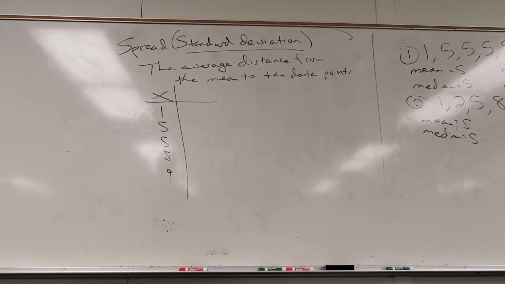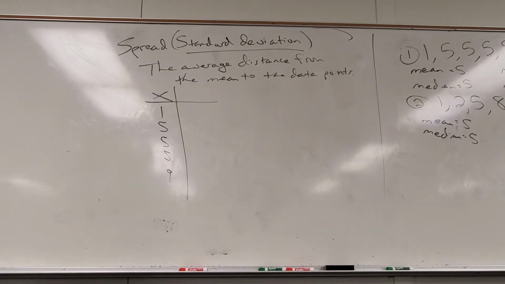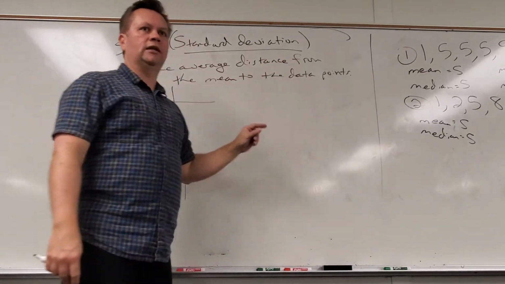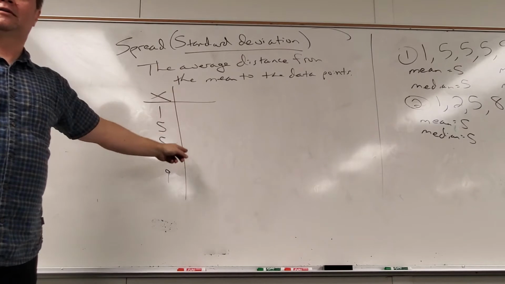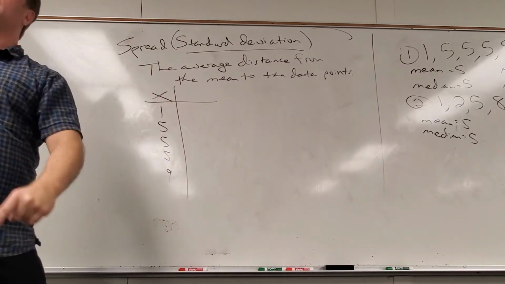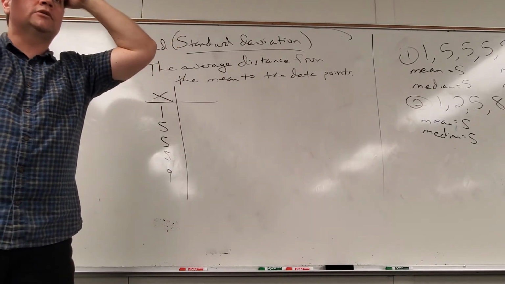If I wanted to find the average shoe size, I'd first have to get a list of shoe sizes. What average do I want to find? The average distance from the mean. So I need to get a list of distances from the mean, right? Average blank, I better get a list of blanks, or else how am I going to average them? Do you guys understand what I'm saying?